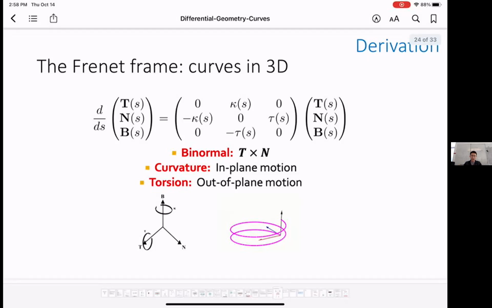In this case, what we do is introduce one more vector called the binormal vector. We define it as the cross product of our tangent vector and the normal vector.